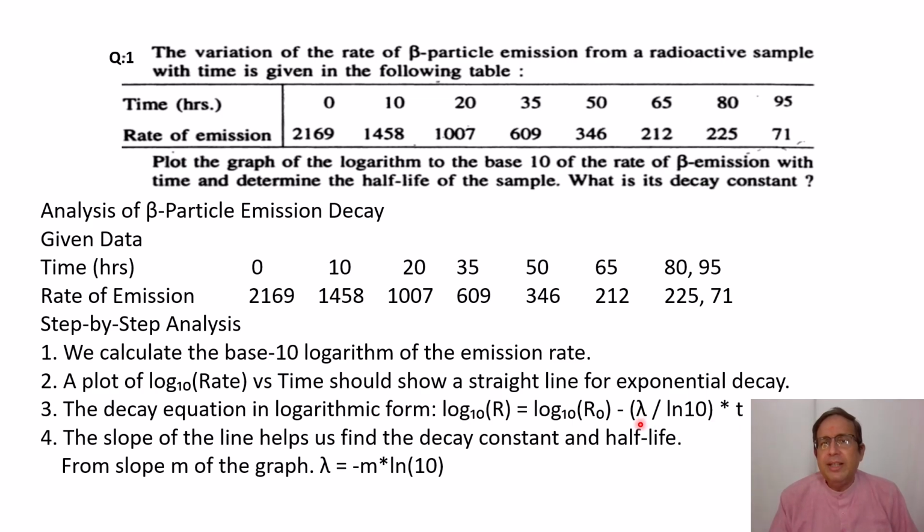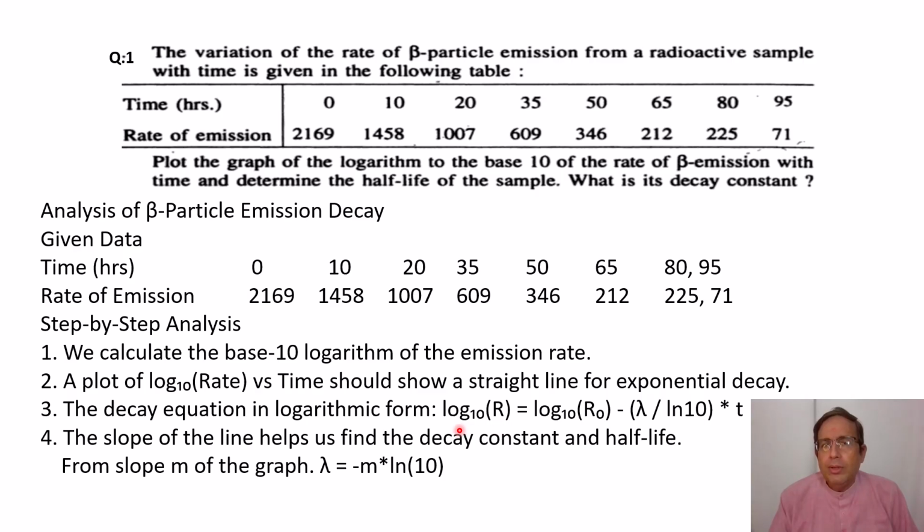Basically you just take the log 10 of the exponential equation for the rate, which is given by the Rutherford-Soddy law, as we have done in the previous unit. You can take the logarithm to the natural base e with respect to that, and you can get a straight line expression for that.